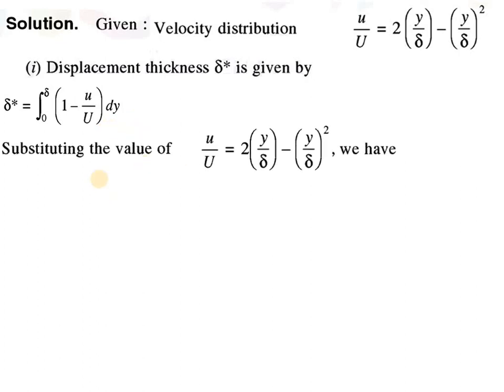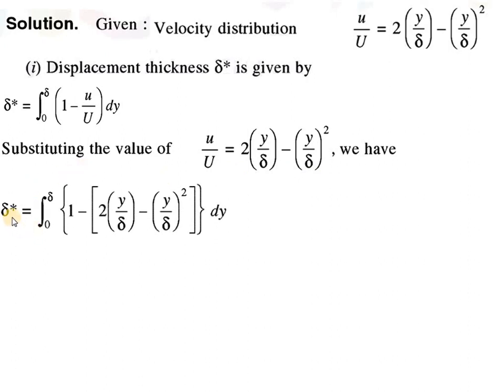So substituting the value of velocity profile, that is the ratio of small u to capital U, instead of small u upon capital U, we are going to replace this entire given velocity profile. So that becomes delta star is equal to the integral 0 to delta of 1 minus the entire term 2 times y by delta minus (y by delta) square with respect to y.